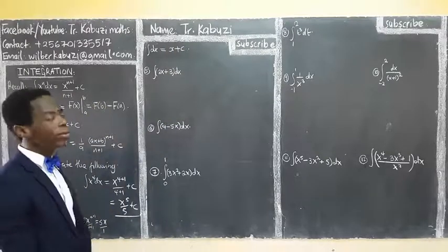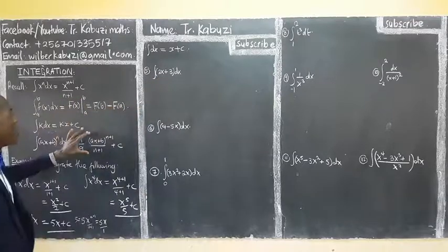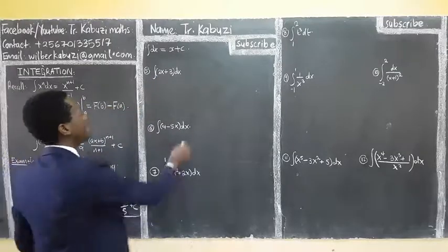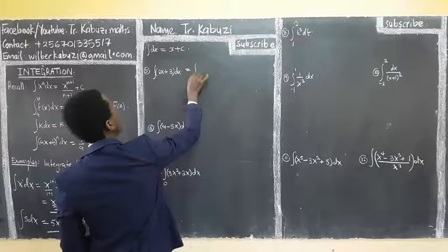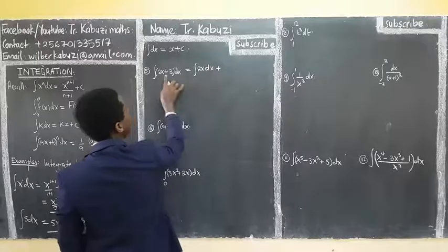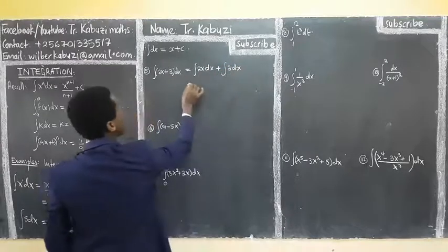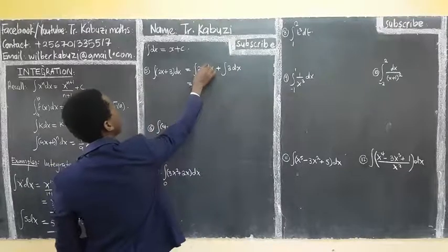Now here, there are two ways. You can separate this and integrate, or you can use this idea. I'm going to use both. So if I say this is going to be now integral of 2x dx, then plus, I'm separating, then plus integral 3 dx. So there you can increase the power. So this one is power 1.